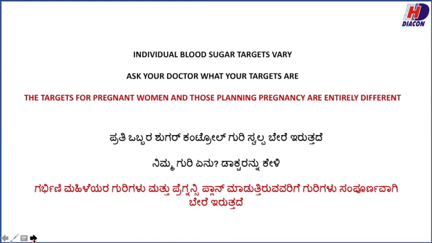So there are some variations, but you could use the same guidelines that we've explained here to adjust insulin. So sit with us with your reports to know what your individual targets are. Now, the targets for someone planning pregnancy and the targets for pregnant women are very, very different. So please sit with us separately.